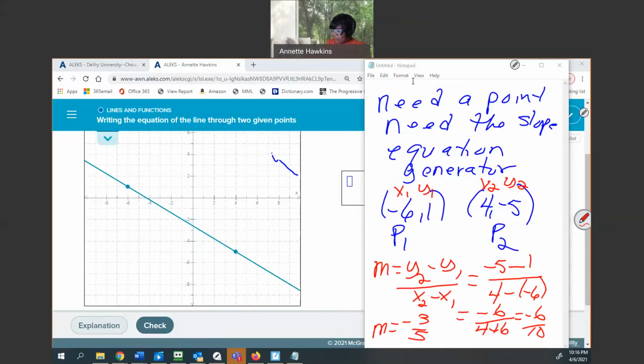So we have the slope. We have plenty of points. And now we just need to use the equation generator to write the equation of the line. So the slope is -3/5, and we got plenty of points. It does not matter which point you use, and I will show you that, okay?